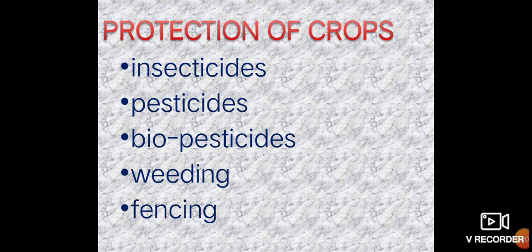Next, we will learn about farming and agriculture. What is agriculture? The practice of growing large quantities of plants for food and other purposes is called agriculture. The term agriculture consists of two words, agri and culture.